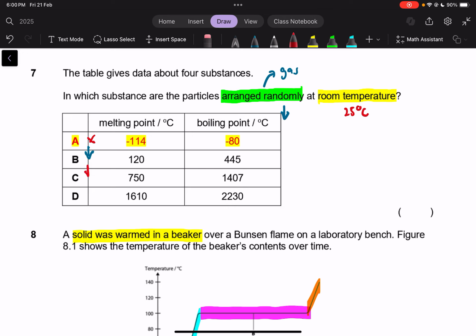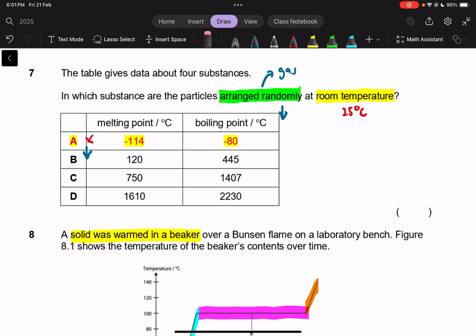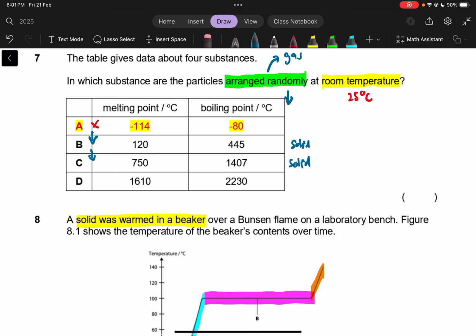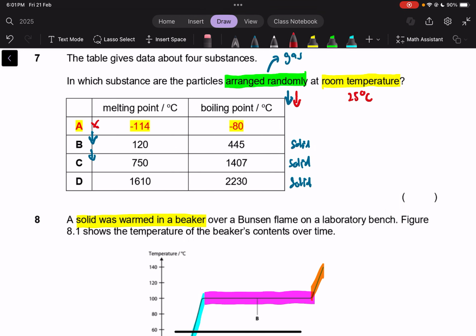It exists here. Exists here means also solid. So here I will just write solid. Then for D also, yeah, also solid. So the only possible answer is left with A, because A is actually existing here. Yeah, above the BP. Above BP, you are always a gas.